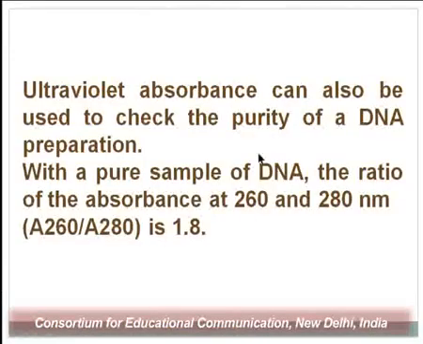So the ultraviolet absorbance will also reflect how much contamination is there. With a pure sample of DNA, the ratio of the absorbance at 260 and 280 nanometer is 1.8. The instruments have software which takes the absorbance at both these values, finds the ratio, and checks whether it is 1.8 or not.